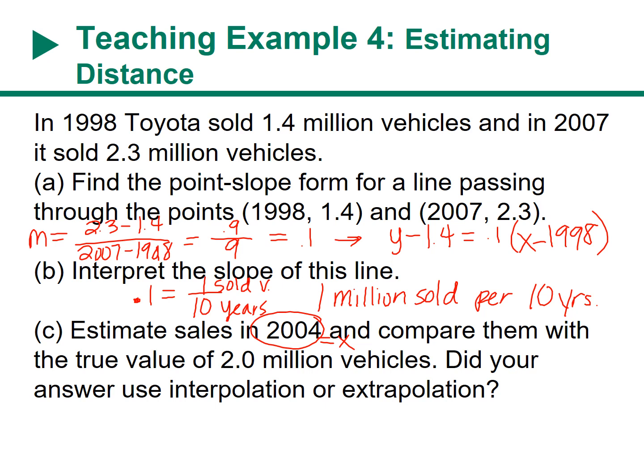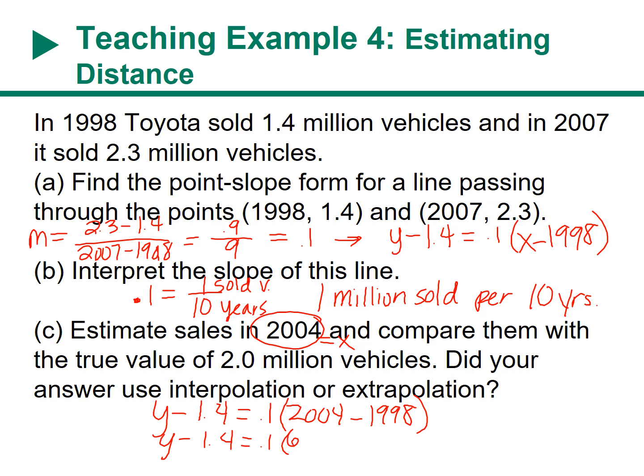So we have y minus 1.4 equals 0.1 times 2004 minus 1998. And we just have to solve. So we have y minus 1.4 equals 0.1 times, what's 2004 minus 1998? 6.